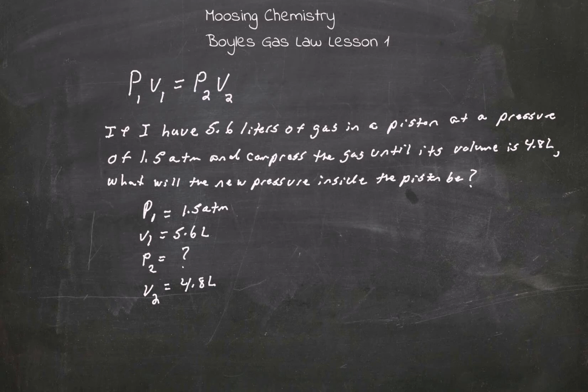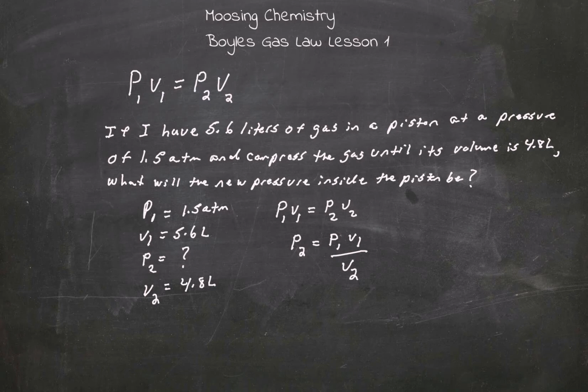So we don't know what the new pressure is going to be. So we're going to set up P1 V1 equals P2 V2, and we're going to want to isolate this equation for P2. So P2 equals P1 V1 over V2.